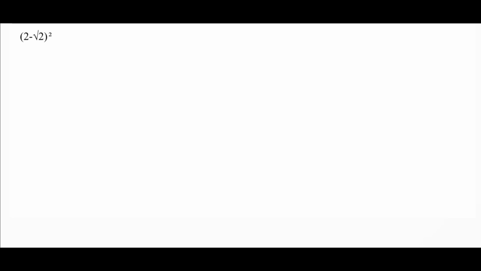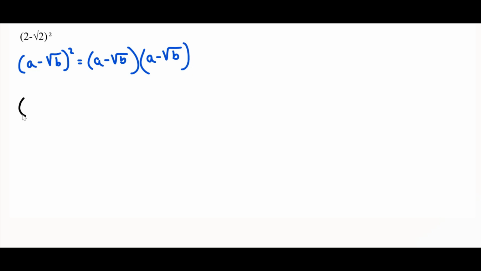Next question, we have open bracket 2 minus root 2 close bracket to the power of 2. And to answer this, we'll refer back to our multiplication rule. So any surds inside a bracket to the power of 2 need to be rewritten as double brackets and multiplied across.